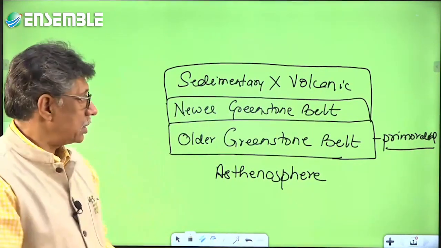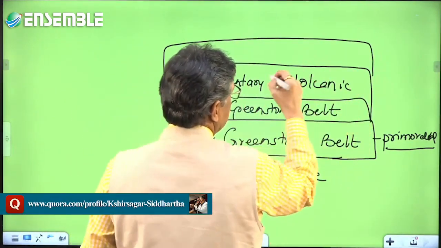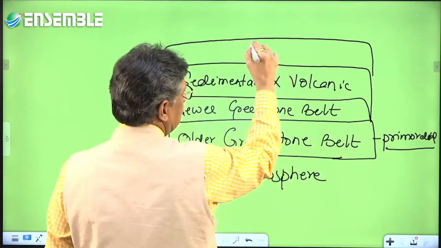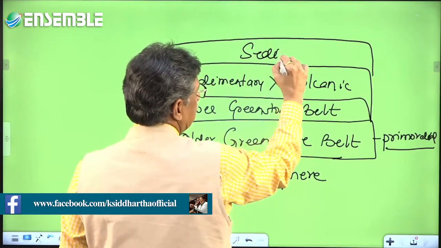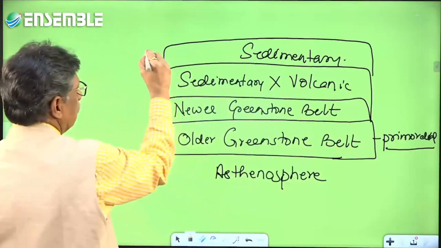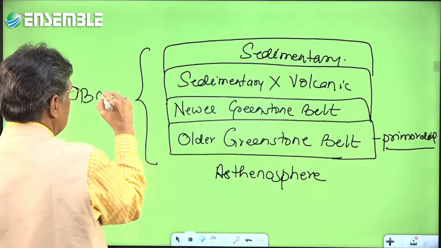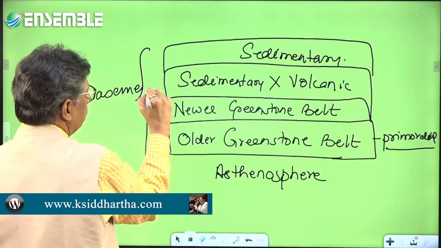All the three layers combined, and maybe there was a fourth layer as well, a sedimentary and volcanic succession. The last, maybe only sedimentary in this case. Together, all of these formed what we call a basement.